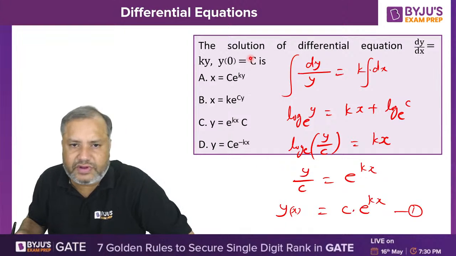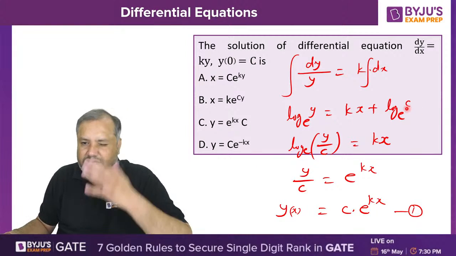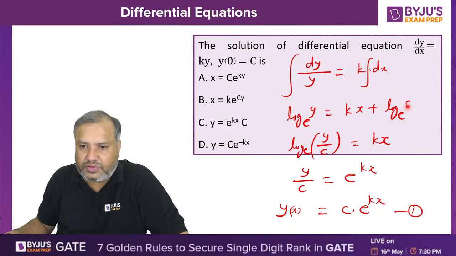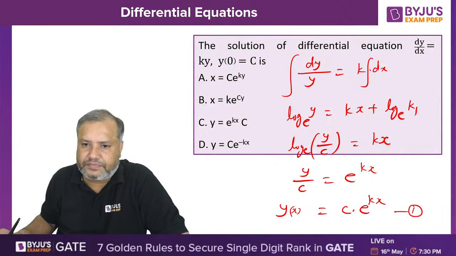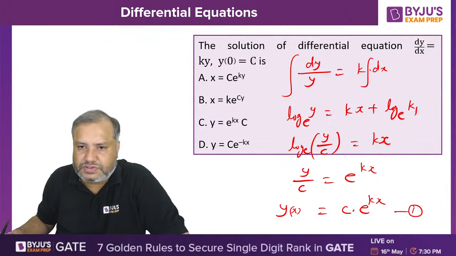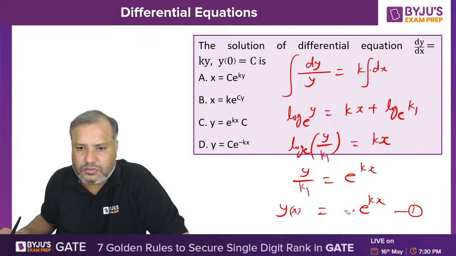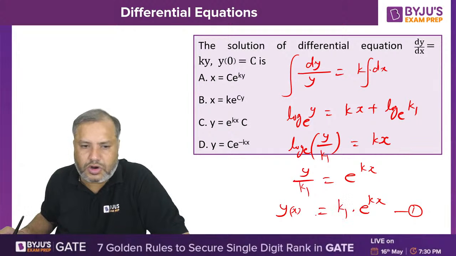Acha, they have given you c, so we cannot use c here, right? So I cannot use c here. I must use some other constant. Say it is k1. So y by k1, got it.